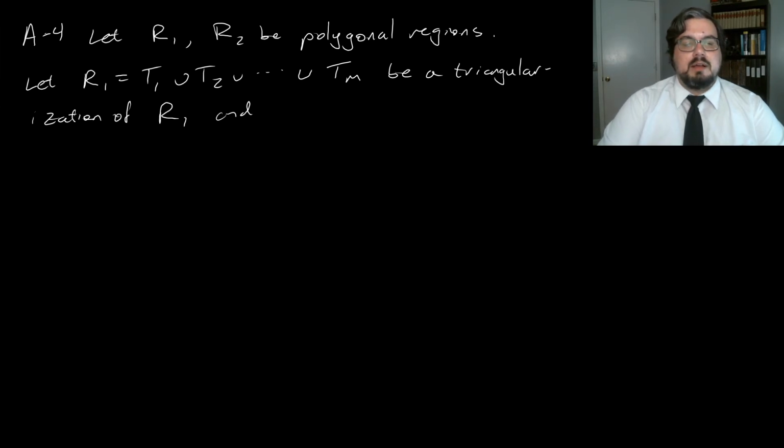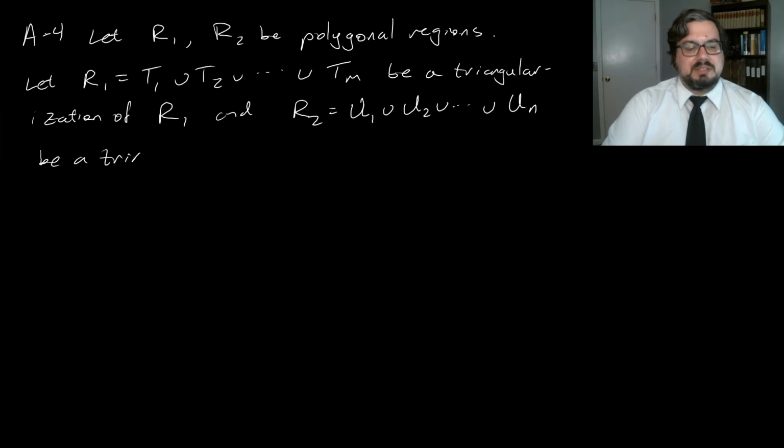And let's let U1 union U2 up through Un be a triangularization of R2.